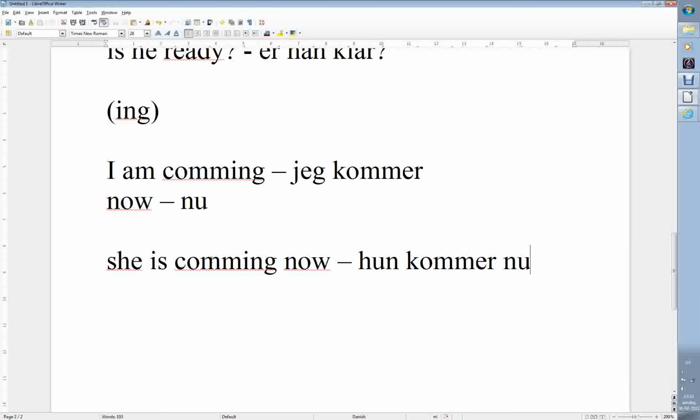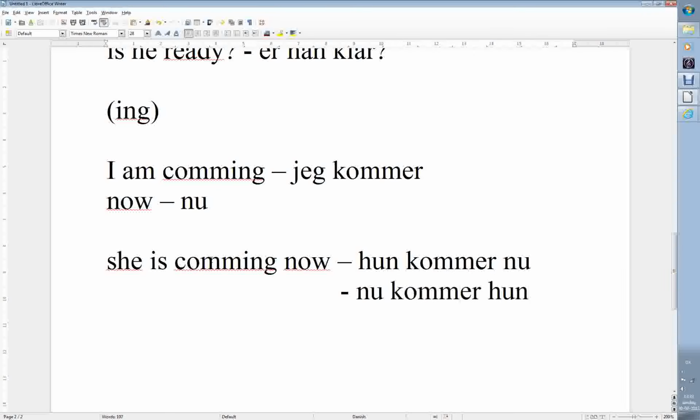And in Danish, we also have another possibility to say the same thing. Hun kommer nu. Nu kommer hun. You can say nu kommer hun.